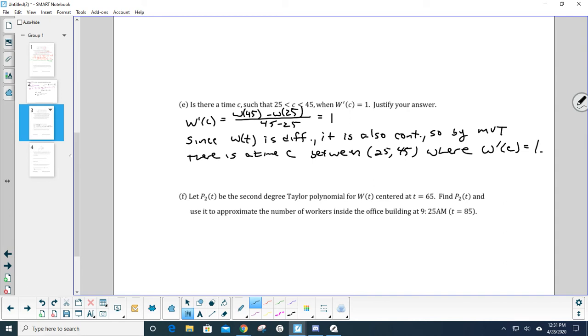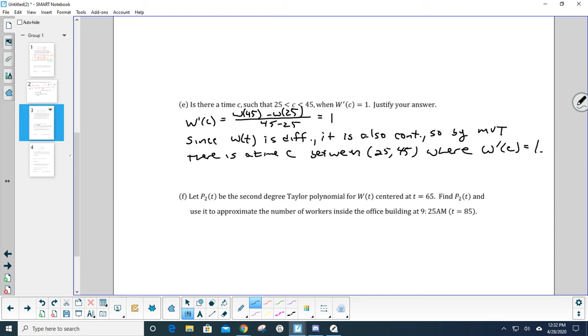Okay, and that was worth 2 points. You got a point for doing this, and you got a point for coming up with your answer. Just make sure you say with the mean value theorem that it is continuous, it is differentiable, so I know I can use it. Okay with that one?